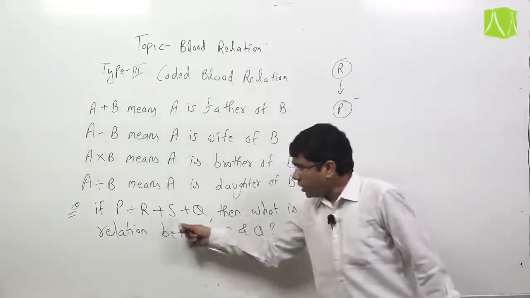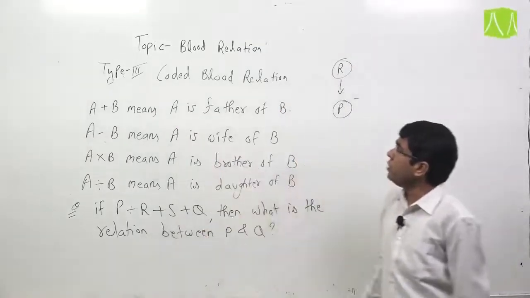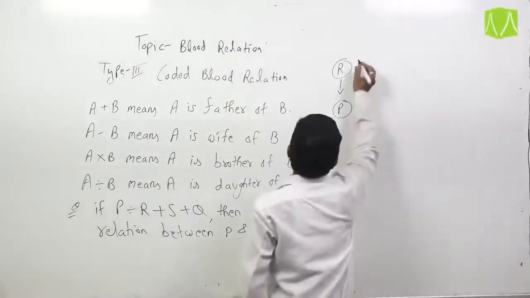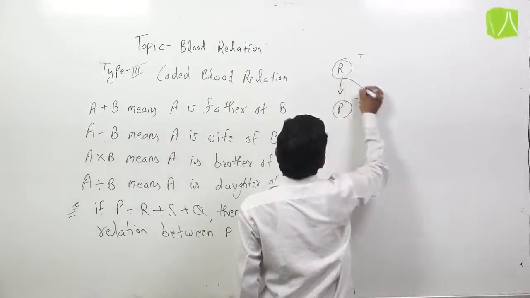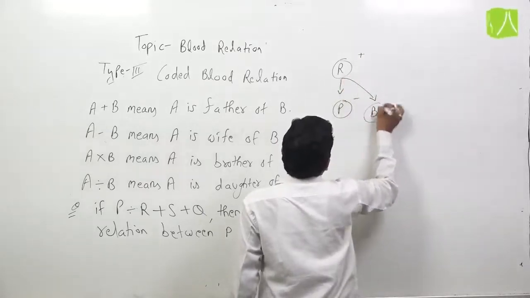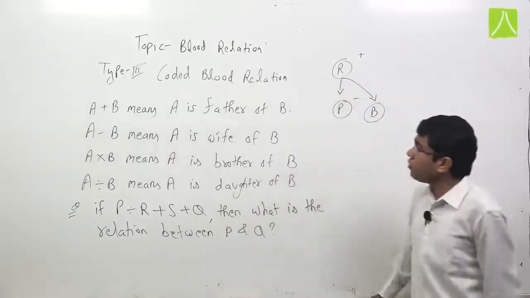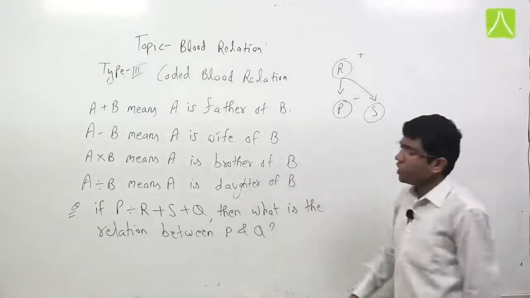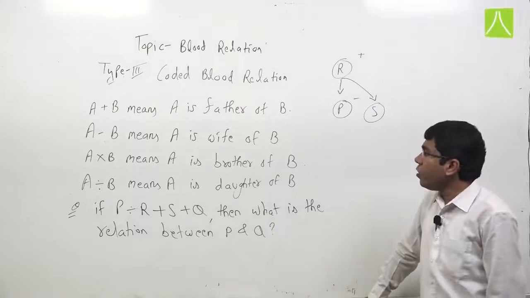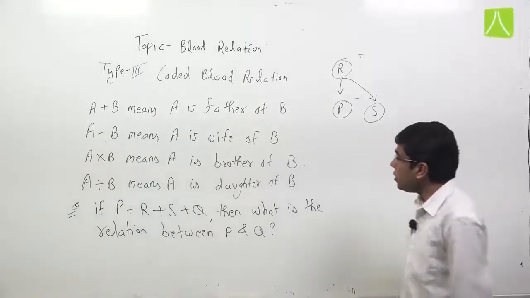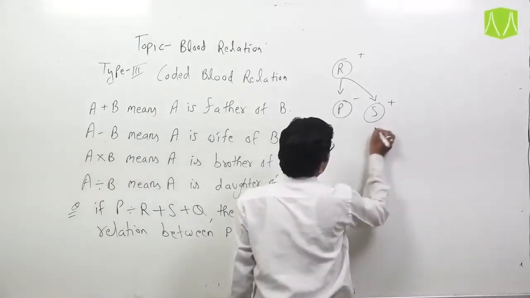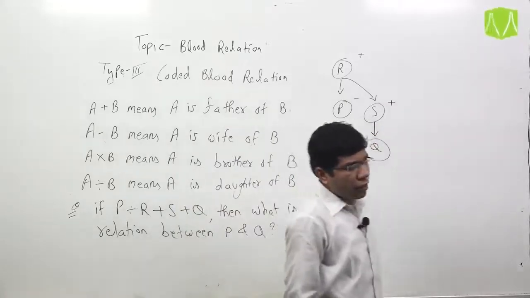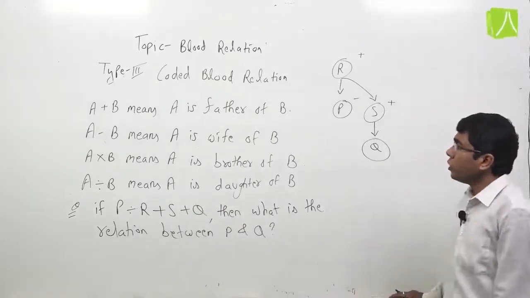Next, R plus S. We know A plus B means A is father of B. Then R plus S means R is father of S, because the relation is R plus S. Now S plus Q means S is father of Q. This is our diagram according to the coding.